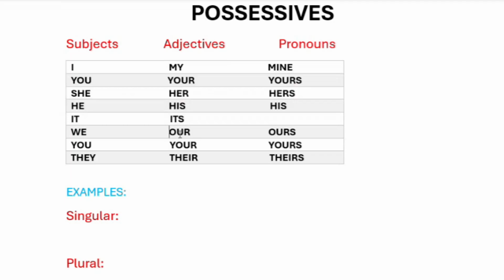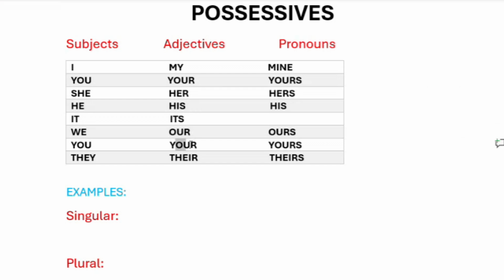And here we have the plural form, that is our, something belongs to us. I'm included there. Use our before a noun to show shared possession.